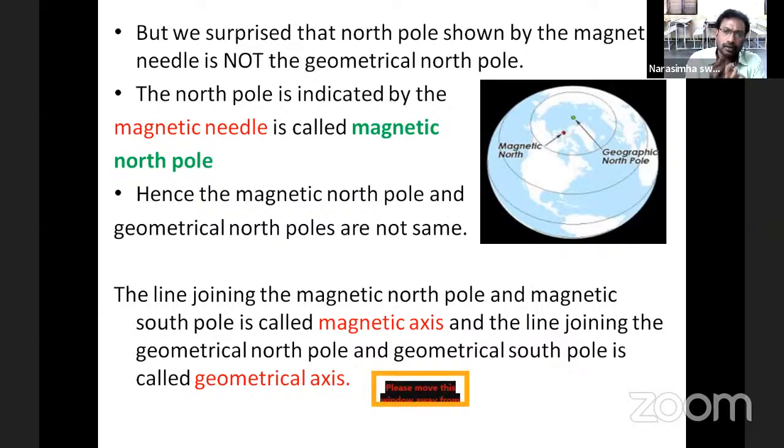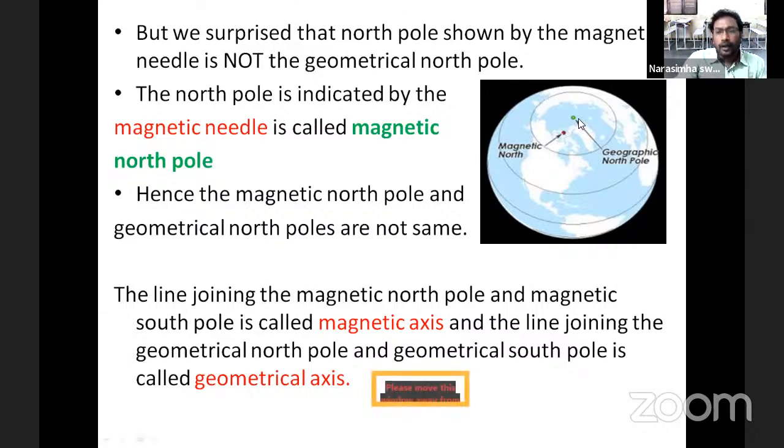What is the geometrical north pole? Physically, this globe is in a sphere shape that has a center point, indicated with a green point in this diagram. Geometrically, it is the top point, the north pole structurally and geometrically.